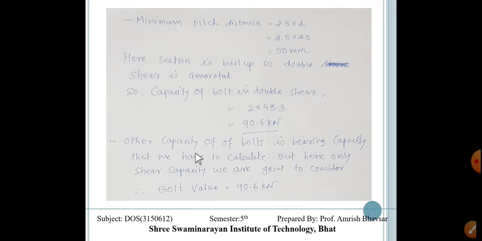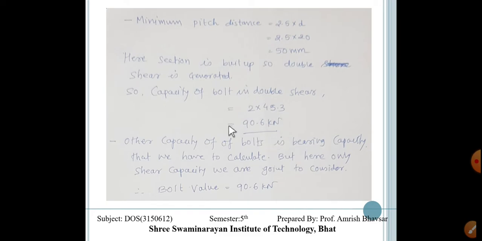The other capacity of the bolt, that is bearing capacity, we would have to calculate, but in this kind of case, we are just taking the single shear capacity as our bolt value. Here we are going to take the bolt value as 90.6.